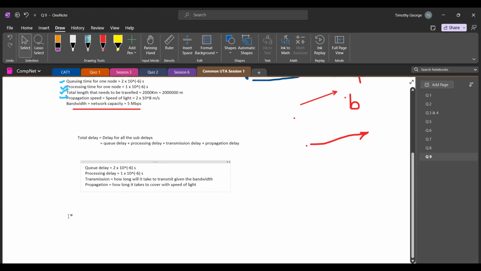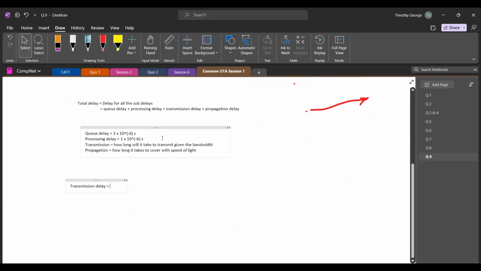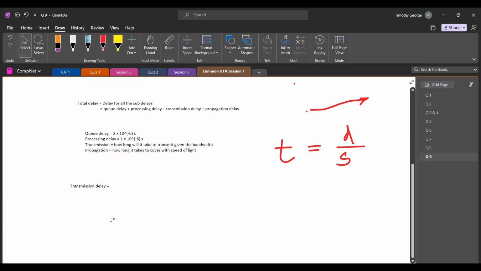Okay, so what is the transmission delay? How would you solve this? Again we're looking for time, and for time you need distance divided by speed. This formula will keep coming up in networks, and it's a simple formula you should already know.